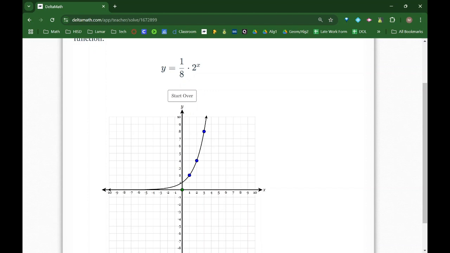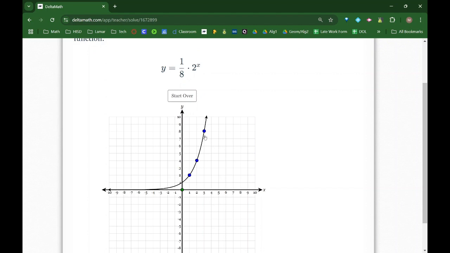So because it's 1 over 8, we're going to divide the y value by 8. And what I recommend doing is finding a y value that is divisible by 8. Well, I have a y value of 1, 2, 4, and 8. 8's our best bet, right? Now, if we take 8, remember we have an x value of 3, y value of 8. We're going to keep that x value of 3, but we're going to divide this y value by 8.